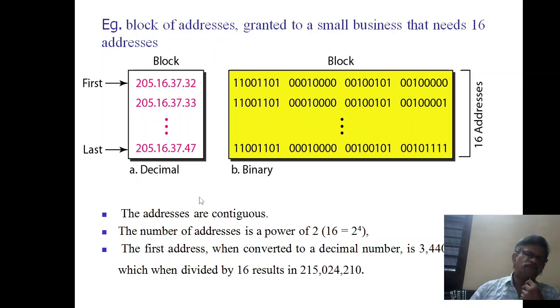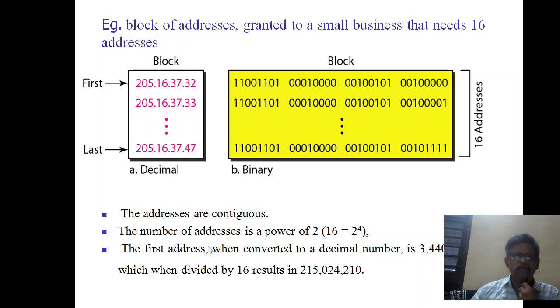A block of addresses is granted to a small business that needs 16 addresses. So this is granted from 32 to 47, varying over 16 addresses, and this is the common portion, the net ID. This is the host ID. We can just see by viewing this. This is the net ID and this is the host ID. The addresses are contiguous.